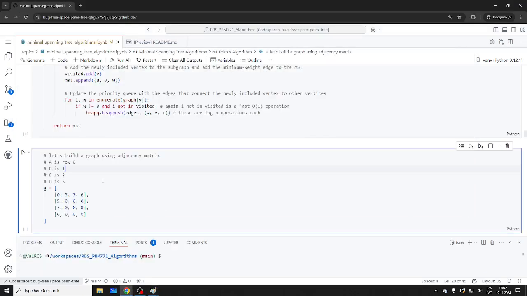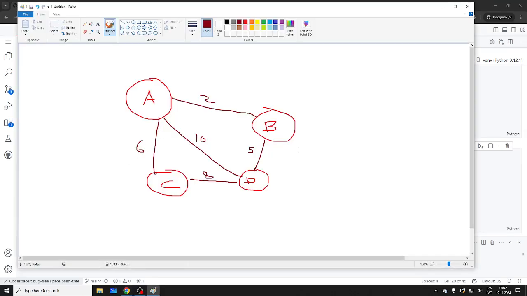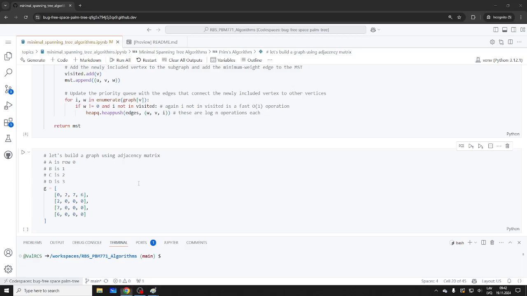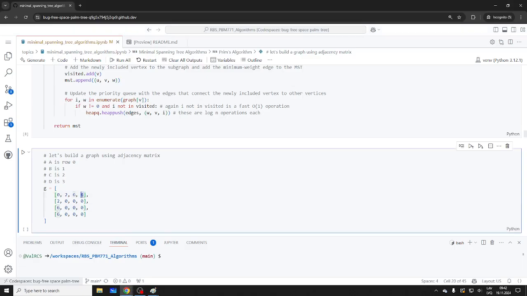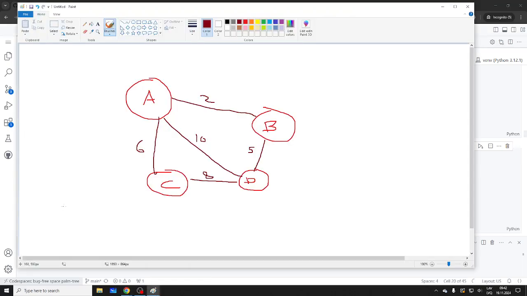Now A to B is 2. How about A to C? That is 6. And how about D? 10. Now B to C, nothing.